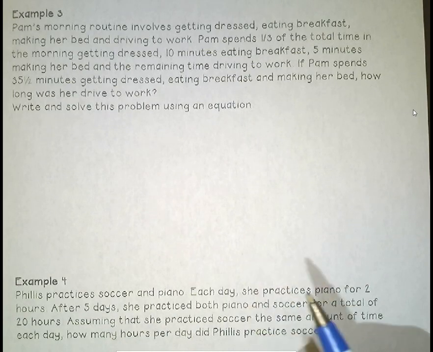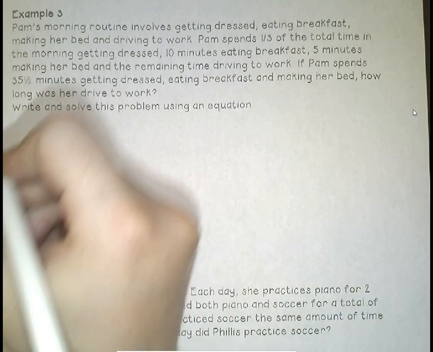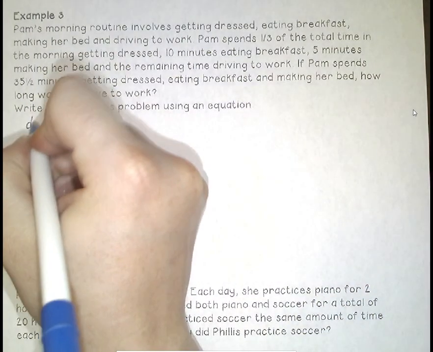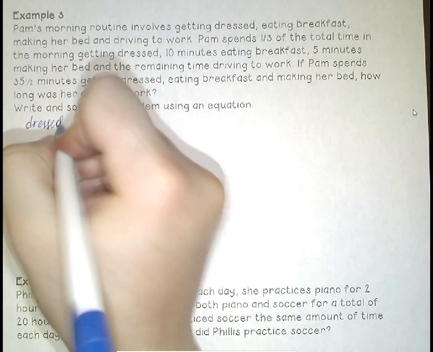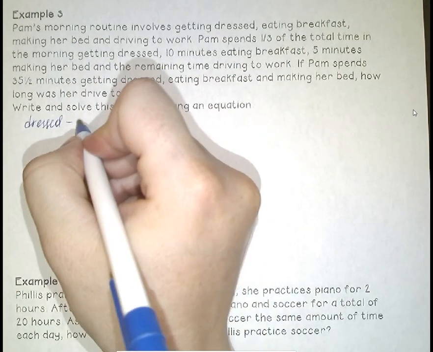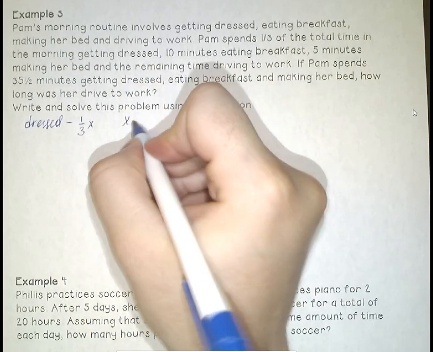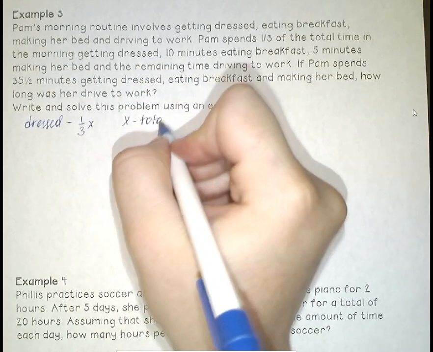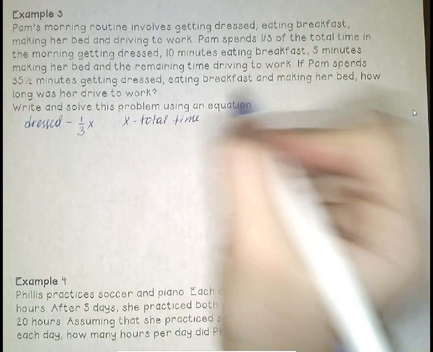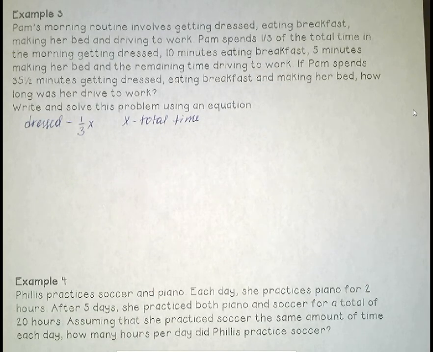So we have getting dressed is 1/3 of x, right? If x is the total time, then getting dressed would be 1/3 of that total time, 1/3 of x.